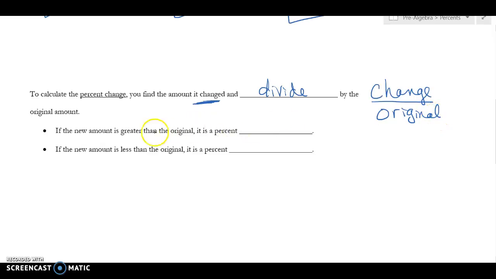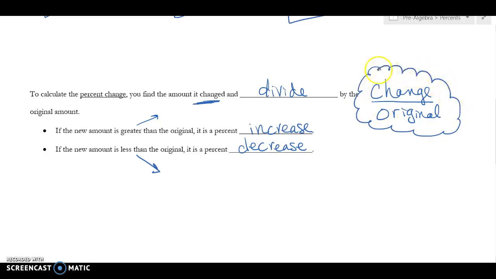If the new amount is bigger, I went from a small number and got bigger, so that is a percent increase. And if the new amount is less, that means my price went down, so that is a percent decrease. So again, the first thing you do is subtract to see how much the change is, and then you divide by the original, and that will give you the percent.